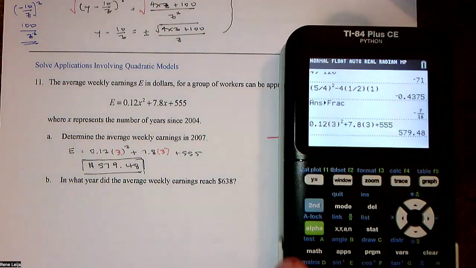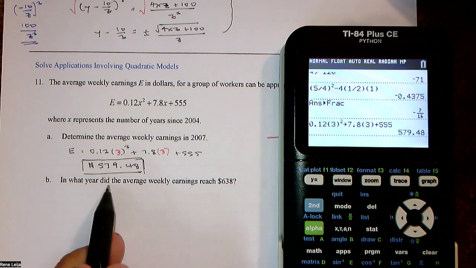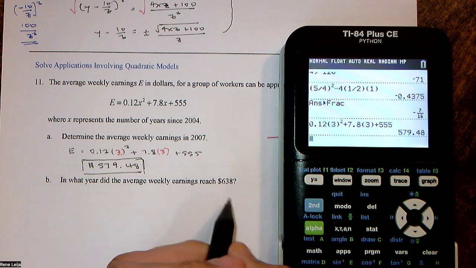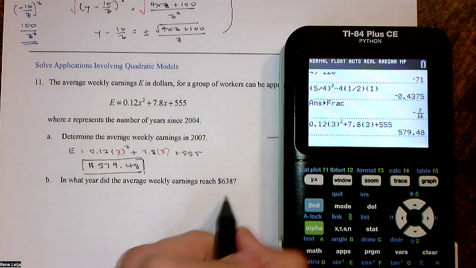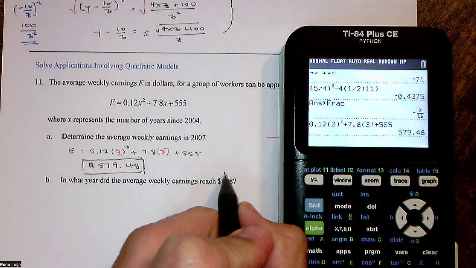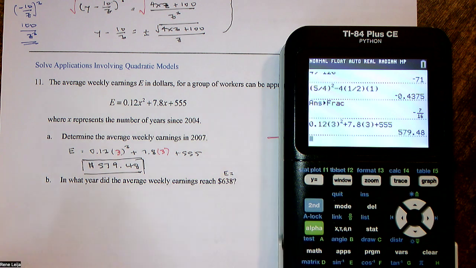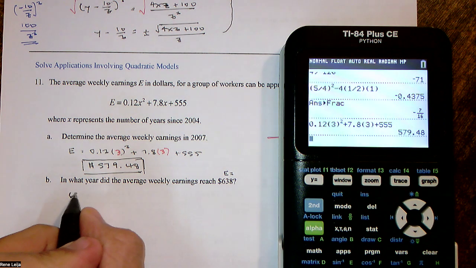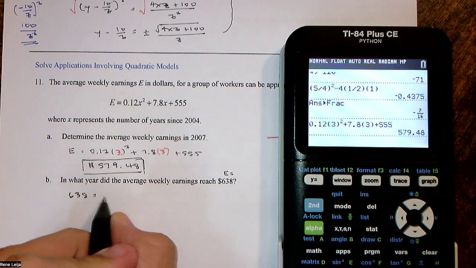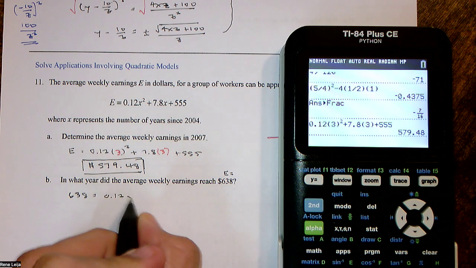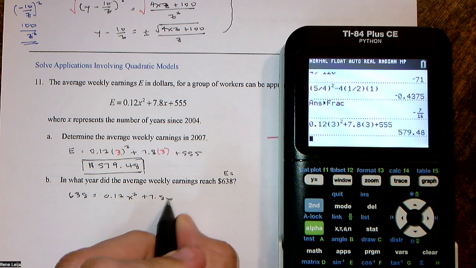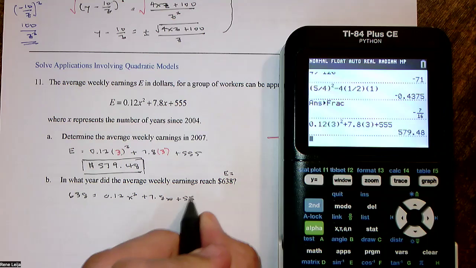Now, it said, in what year did the average weekly earnings reach $638? Well, this is E. They gave us the weekly earnings as $638, plus 7.8x plus 555.